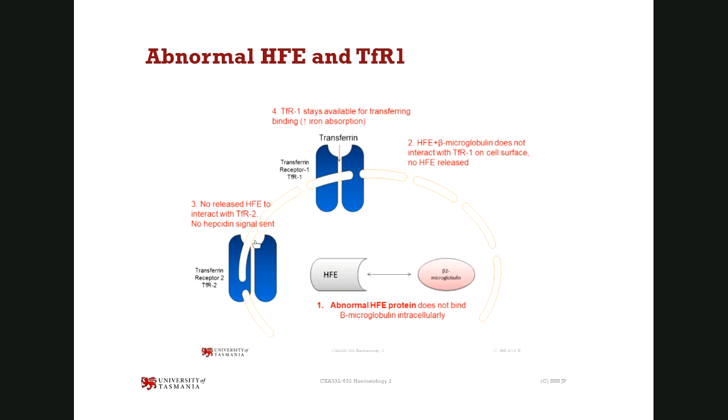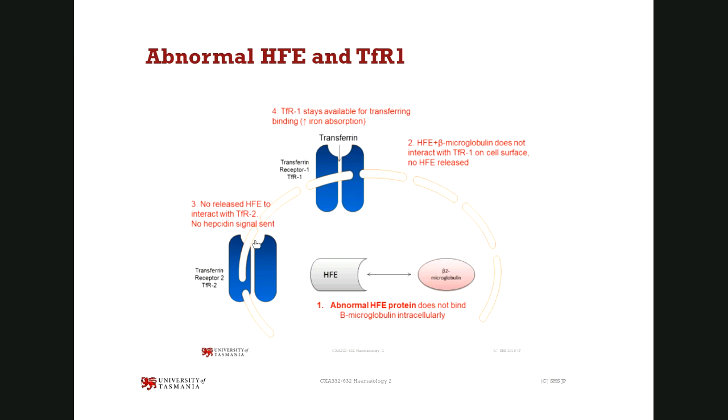So regardless of why the HFE is not getting to the cell surface and not binding transferrin receptor 1 and then transferrin receptor 2, the signal to the liver to stimulate hepcidin production is reduced. And without hepcidin, ferroportin in our enterocytes in our gut is continually active, even when the body stores are replete.